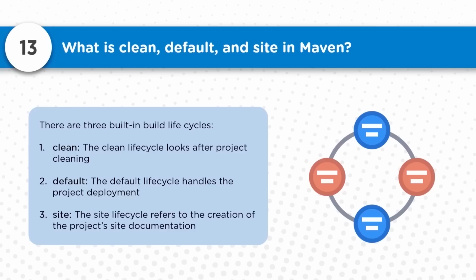And when we talk about default, the default life cycle handles the project deployment. And site is helpful for creating the site documentation. So clean, default, and site are the different life cycles which can perform different kinds of tasks here.